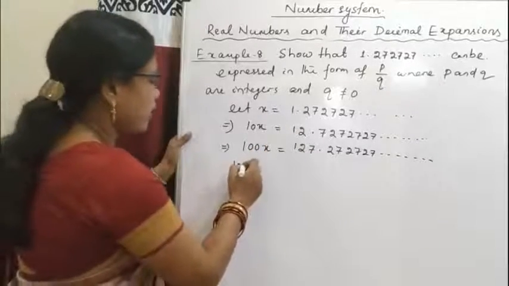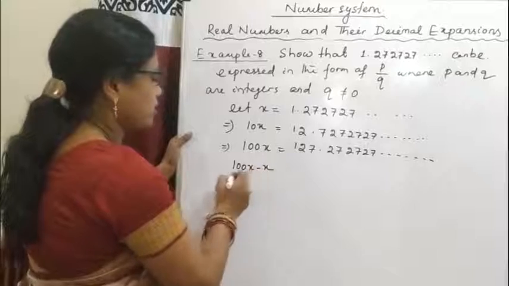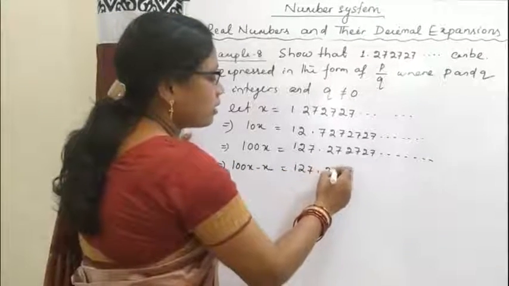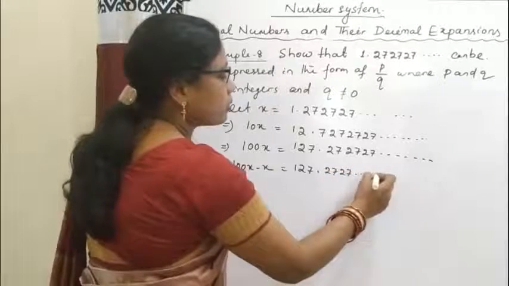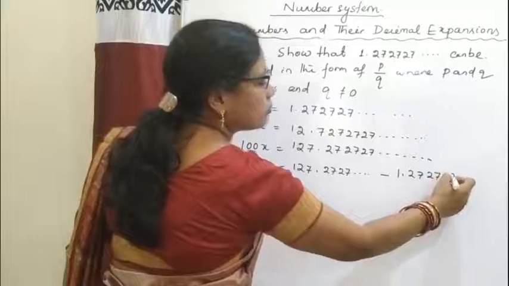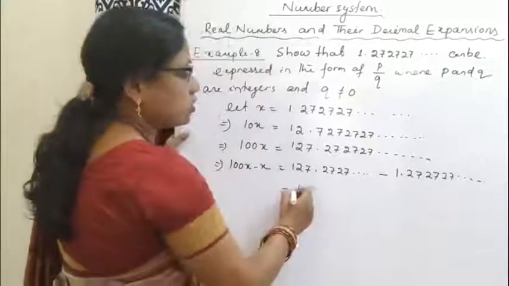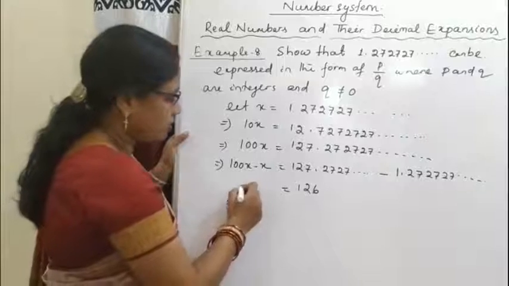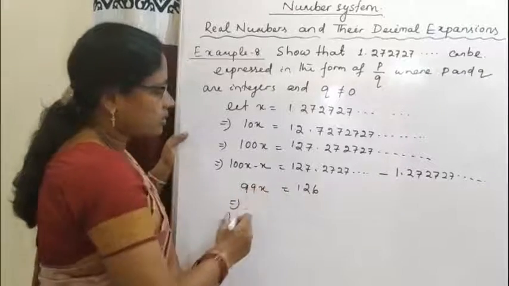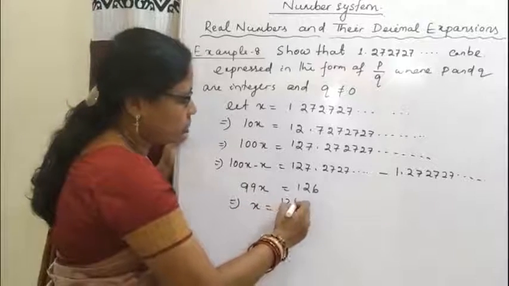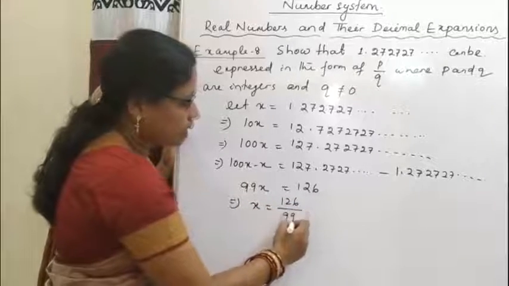So 100x minus x is equal to 127.2727 up to infinity minus 1.2727 up to infinity. So this becomes 126. So here the left hand side is 99x. So this implies x is equal to 126 by 99.